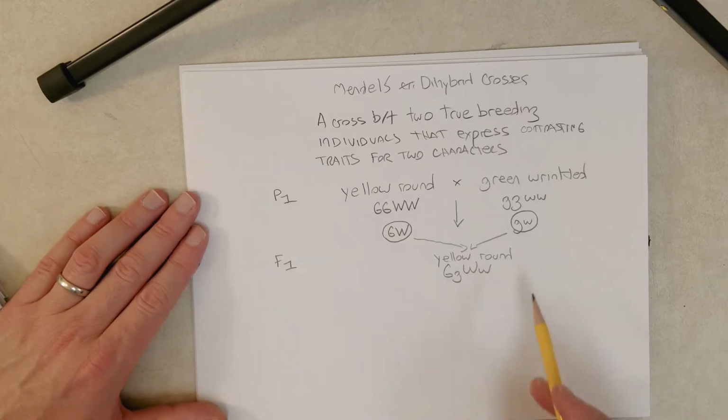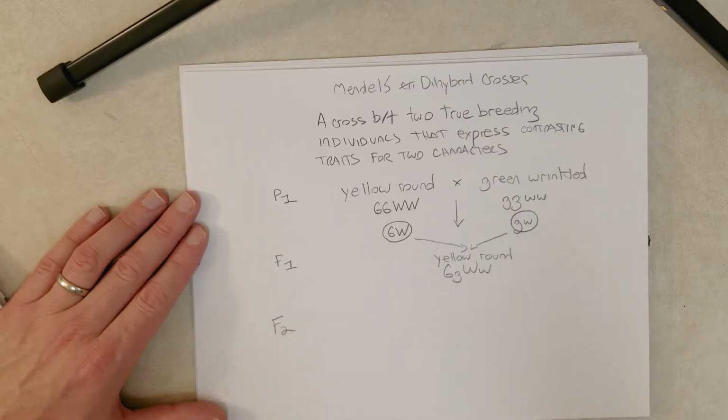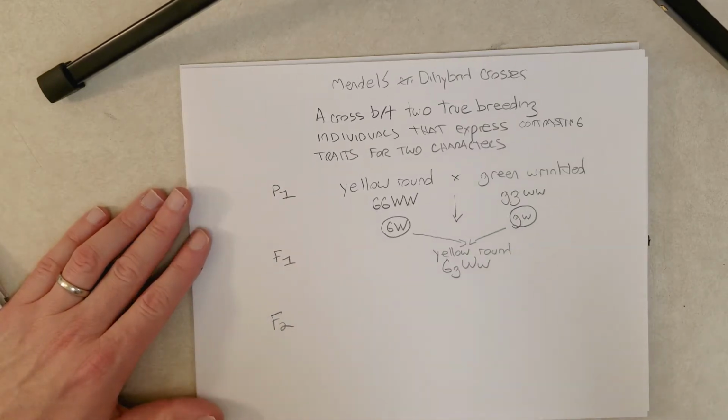So the next question, the important part of the dihybrid cross, is being able to calculate the genotypic and phenotypic ratios of the F2 generation. And how do we get the F2 generation?